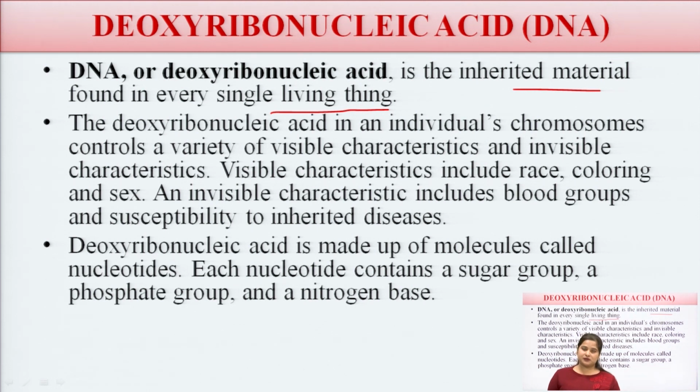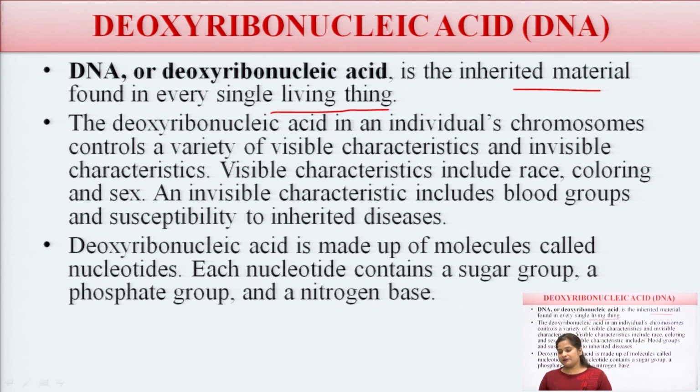Sometimes the hereditary material or the genes are dominant in nature, and sometimes they are recessive, which means they don't show in that condition. So, sometimes the trait is shown, that is dominance, or sometimes it is hidden, so it is recessive. Visible characteristics include race, coloring and sex, and individual characteristics include blood group and susceptibility to inherited diseases.